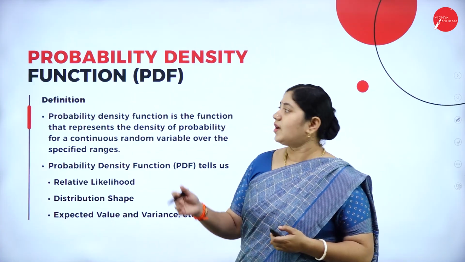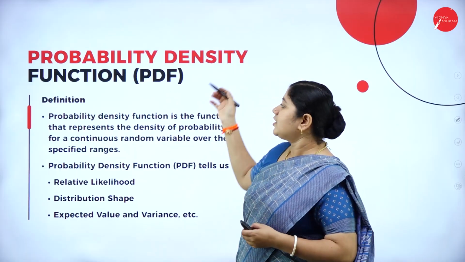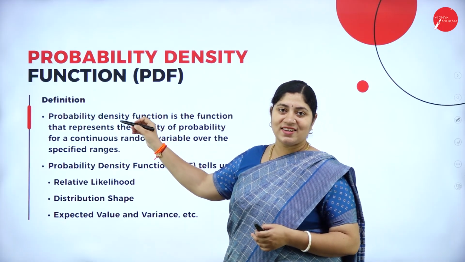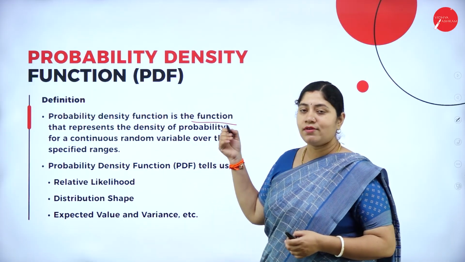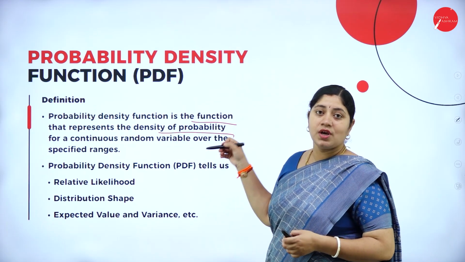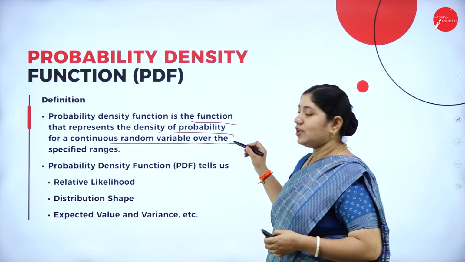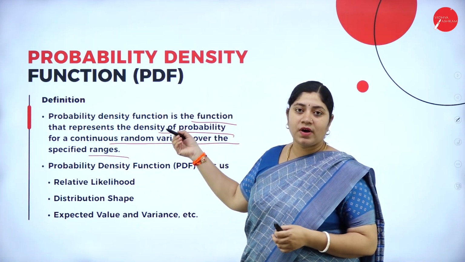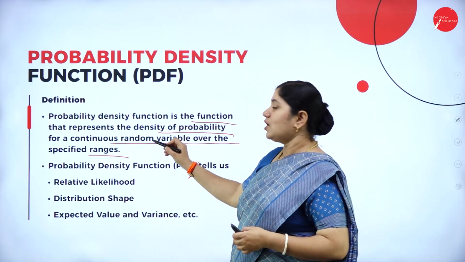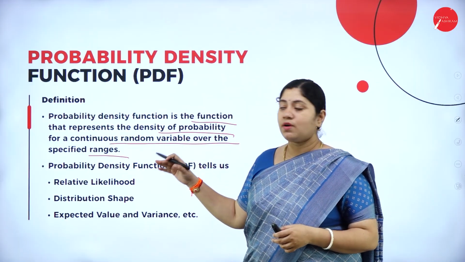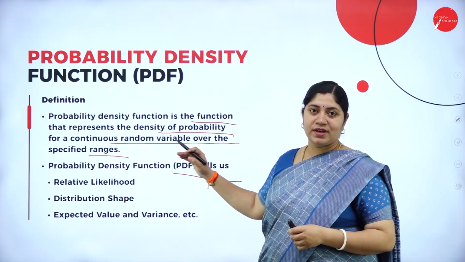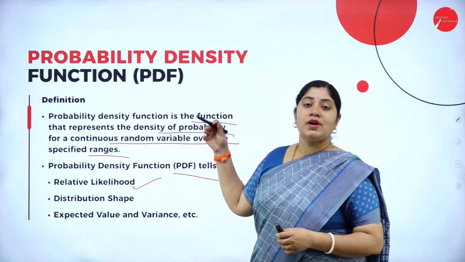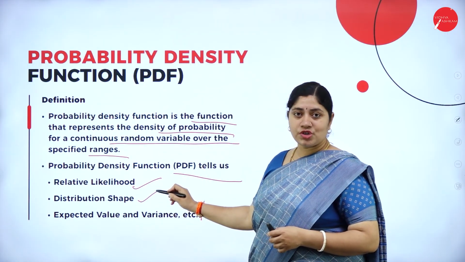Now let's move forward and understand what the probability density function, also called PDF, is. Let's see the definition first. It is the function that represents the density of probability for a continuous random variable over a specified range. Please note that it is defined only with respect to continuous random variables. PDF tells us the relative likelihood of a range and the distribution shape.